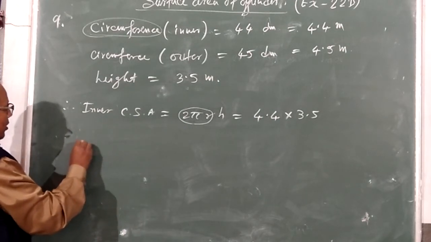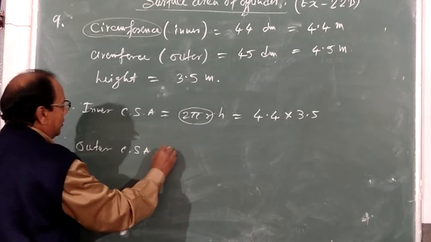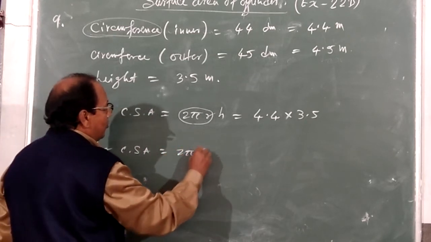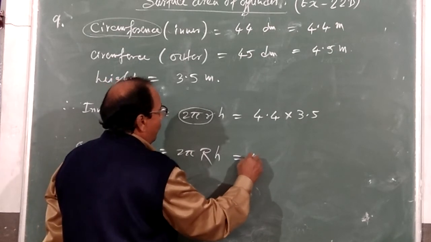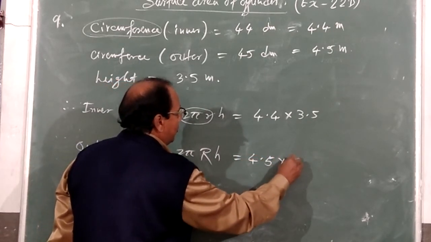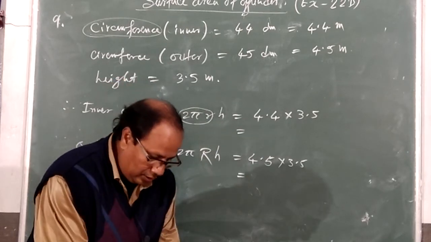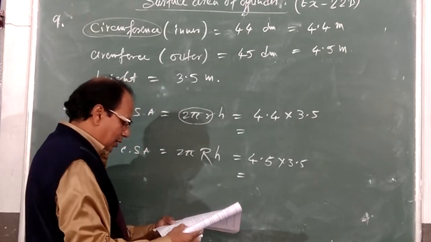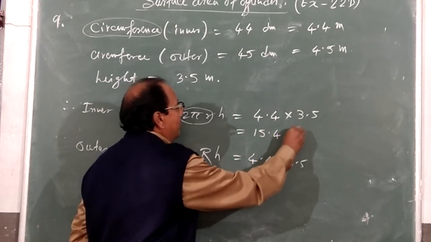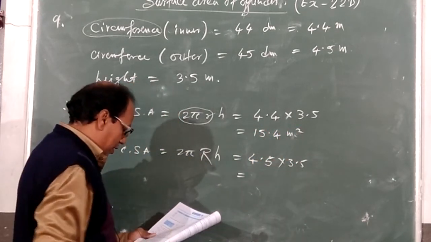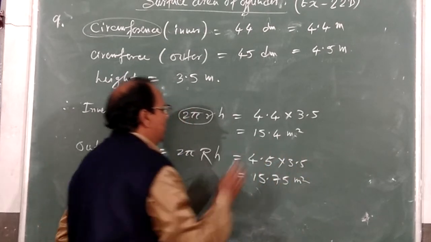Similarly, we will go for outer CSA is equal to 2 pi r, we can write here capital R, right? Into h equals 4.5 into 3.5. After calculation, you will see the values will be 15.4 meters square, and here it will be 15.75 meter square.